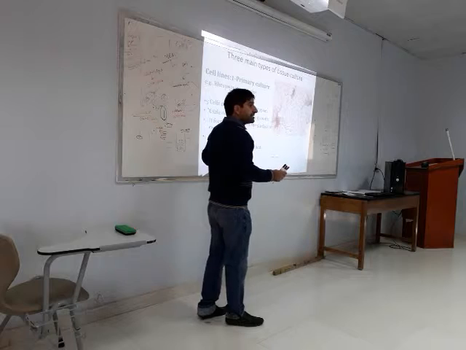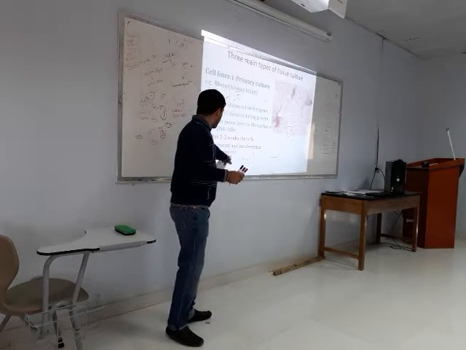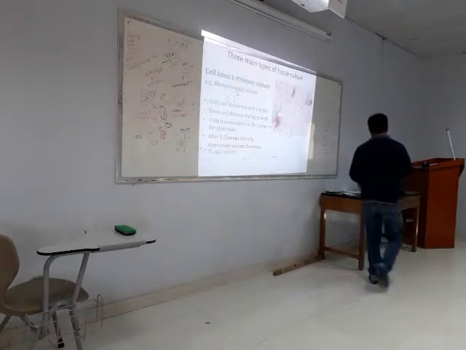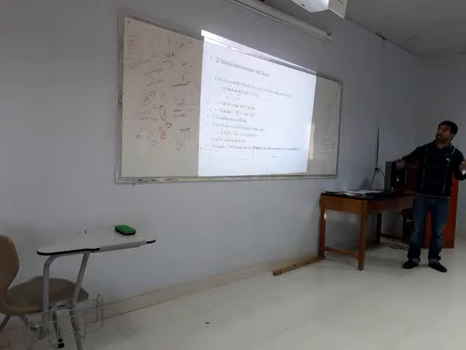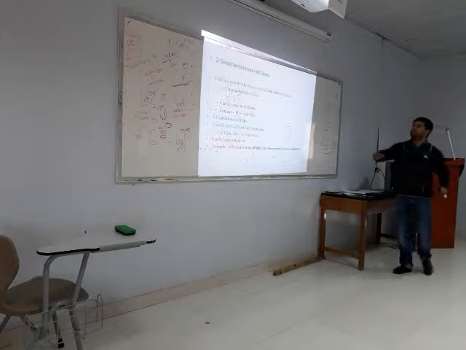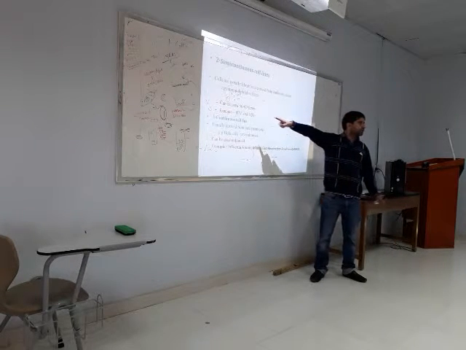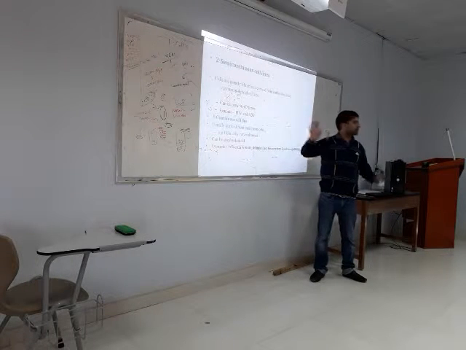Which type of virus can be grown? HSV, herpes simplex virus, and varicella zoster virus. Okay? So in the primary cell, this is one type. Second type, semi-continuous cells. You can take them from embryonic tissue, from the human. How many times can we use this? 50 to 60 times.